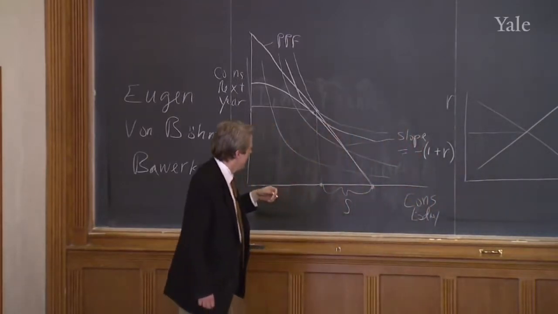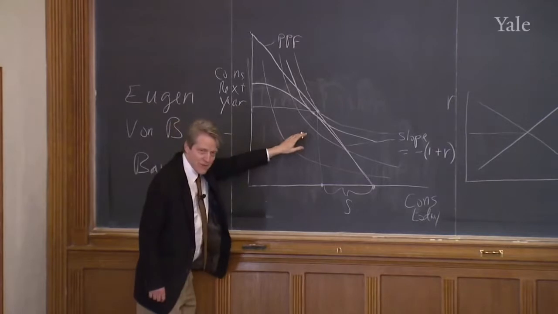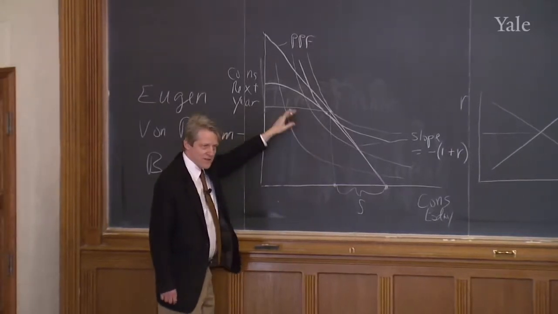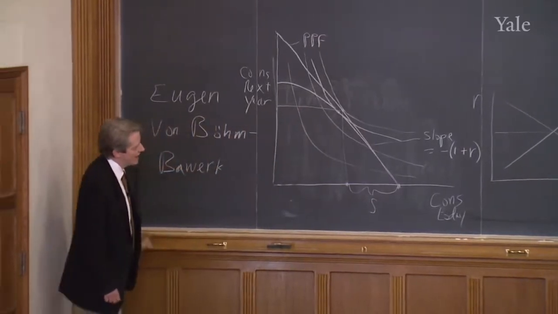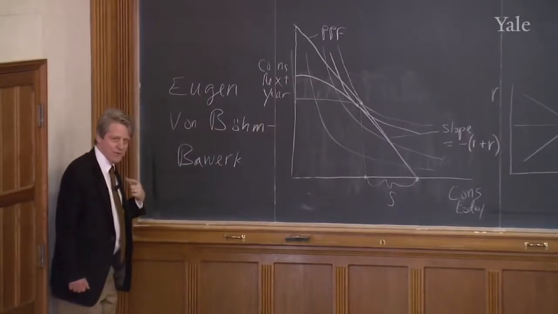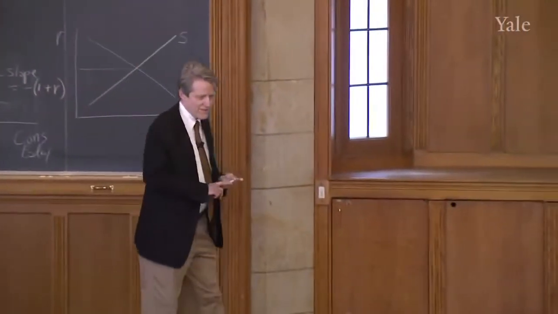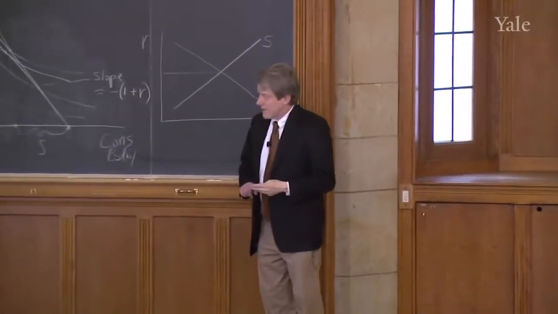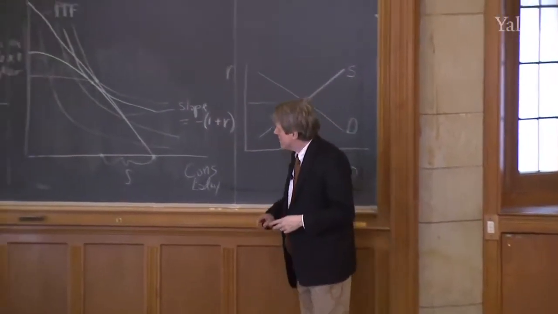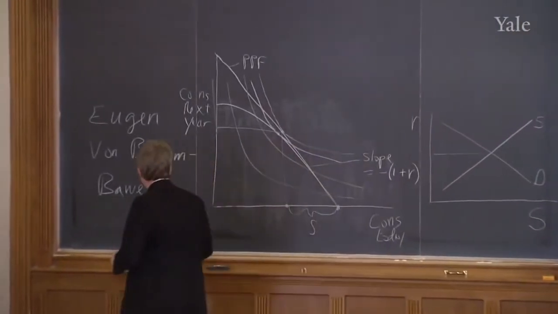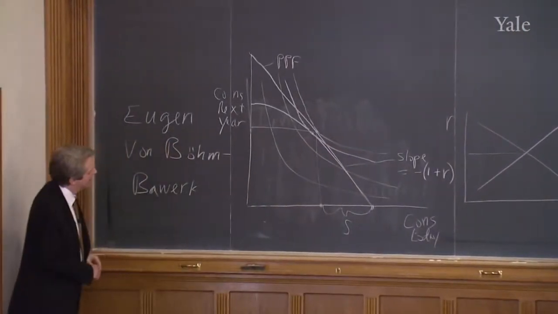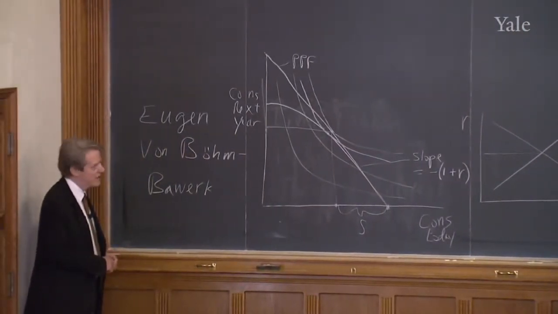One of them is the production possibility frontier, and the other one is the indifference curves. Now we have all of Boehm-Bawerk's causes. We've got roundaboutness, we have technical progress, and we have impatience. Well, the impatience would be reflected by the slope of the indifference curves.